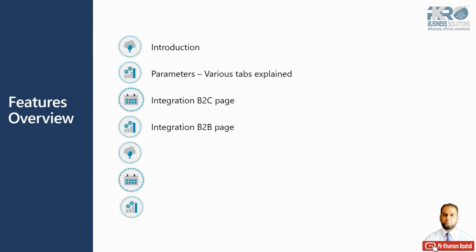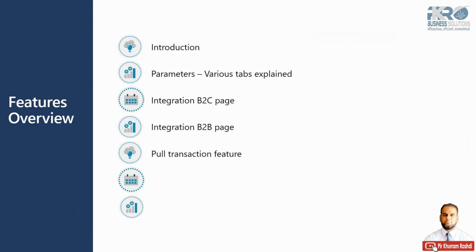Then we will explore the integration B2B page, where all the standard invoices, which are business to business invoices, are kept and synchronized, and it has various features or statuses within this page.